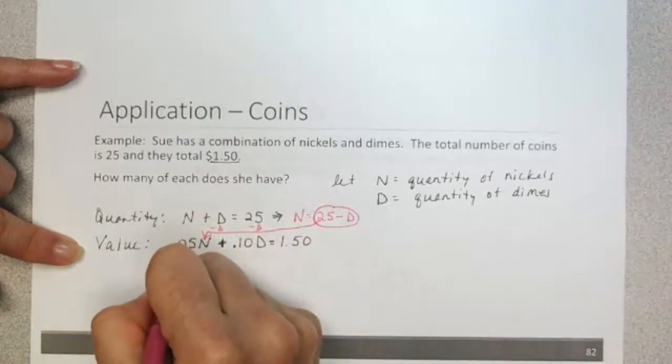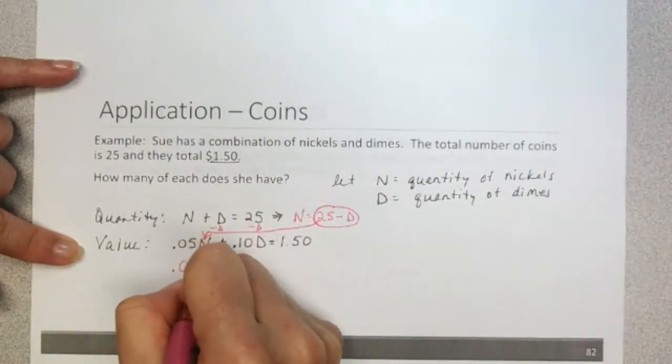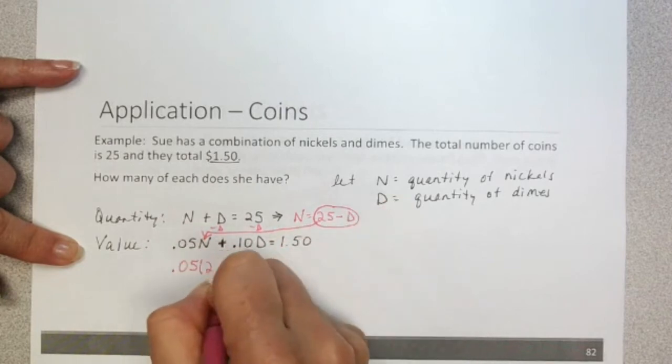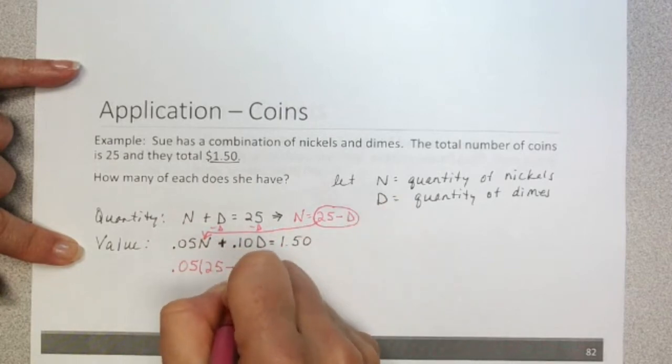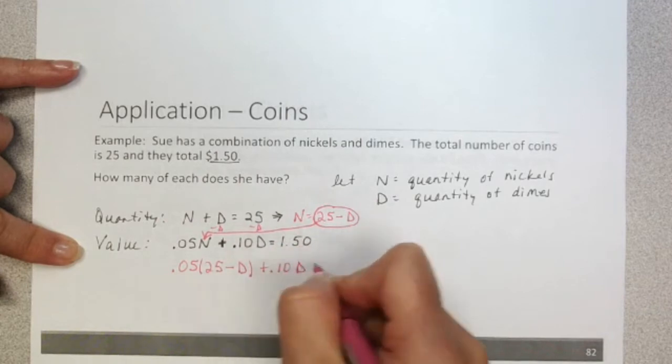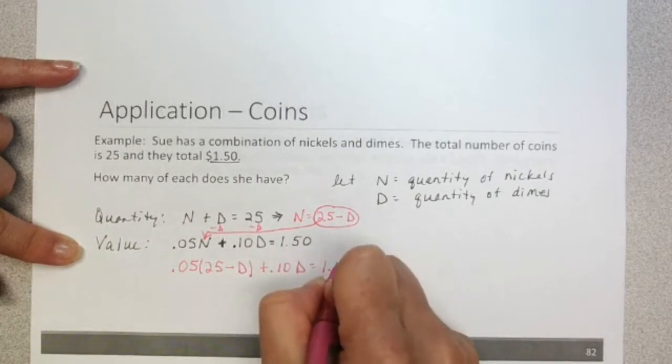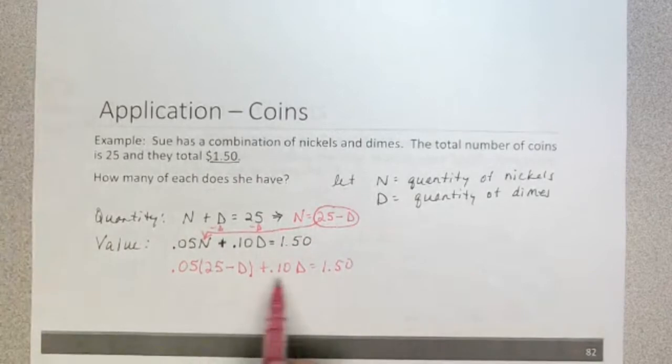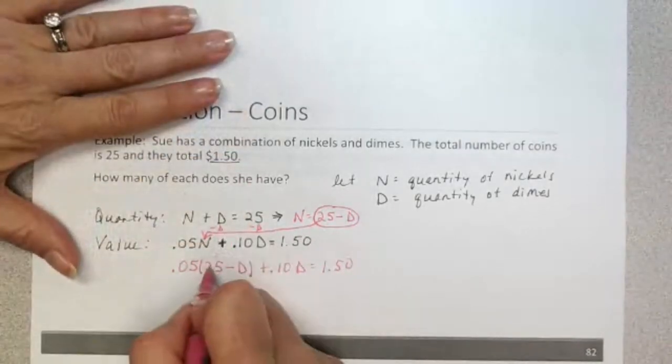Okay, and I'll have 0.05 times, and instead of n, I want the 25 minus d, plus 0.10d equals $1.50. Now I have an equation with only one variable in it, so I can solve for that variable. Let's simplify and solve for d.